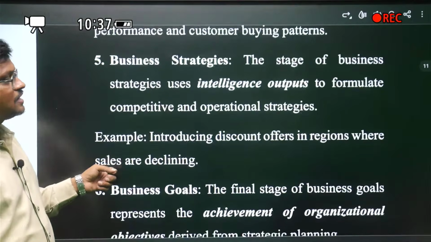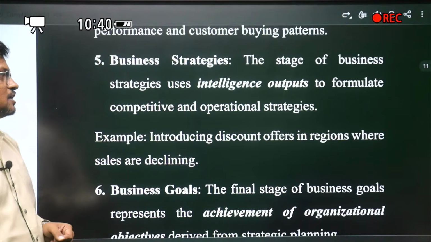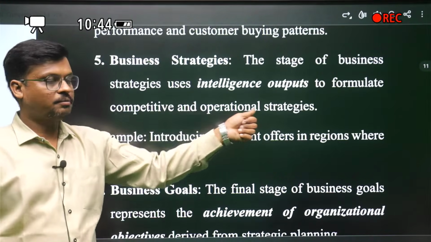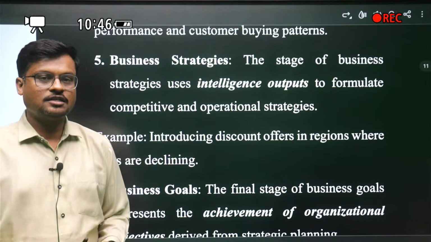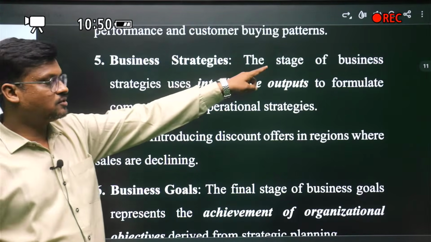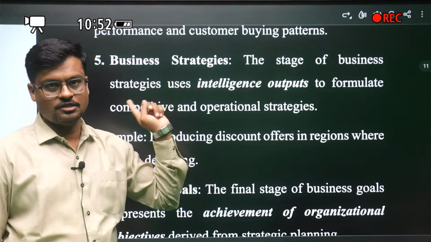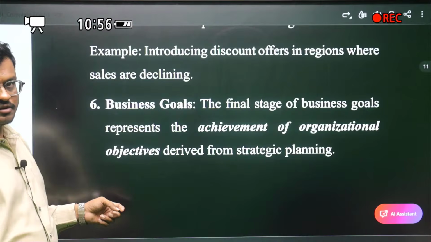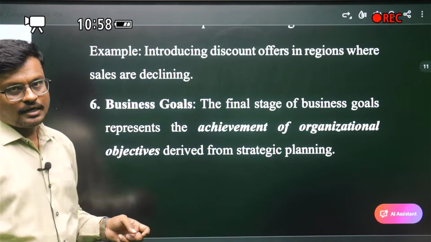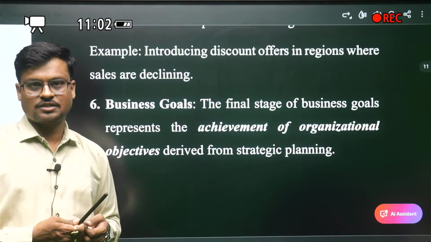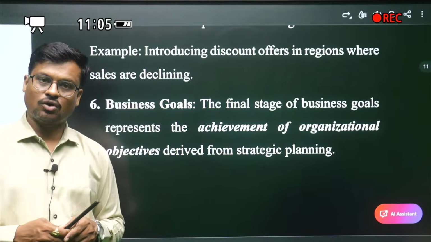Next, business strategies. The stage of business strategies uses the intelligence output to formulate competitive and operational strategies. The strategies need to be implemented in your organization based upon the reports generated in business intelligence. Example: introducing discount offers in the regions where sales are falling down; there we need a different strategy of discounting or other specific offers.